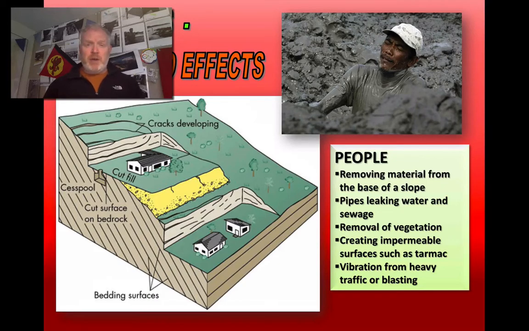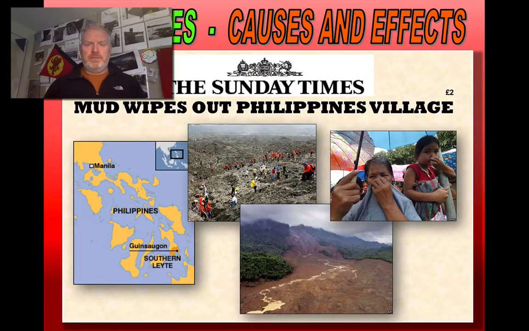Or it could just be vibrations from human activity. So this is a hazard that can have both natural and human causes. I've given you an example of a fairly devastating landslide that occurred in the Philippines on page 25 of your booklets. It's worth a read.